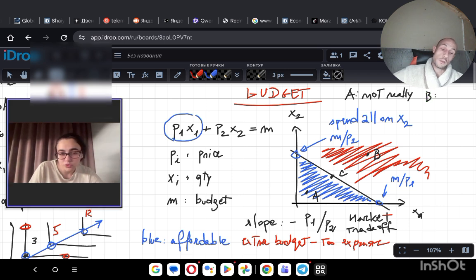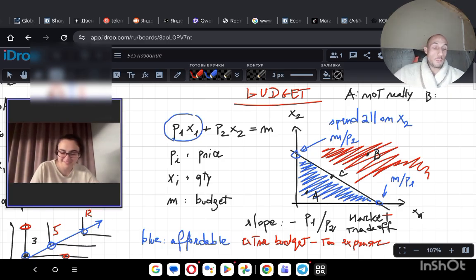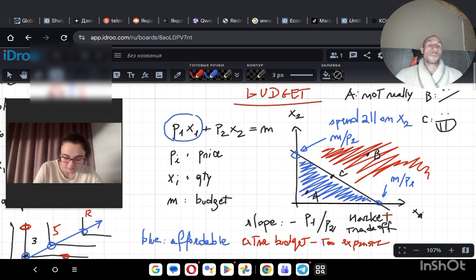No, because we spend too much money. You can't spend it. There is no loan here. So are you happy at B? Well, you would be happy, but you can't afford it. So the only real choice is point C, right? Very good.